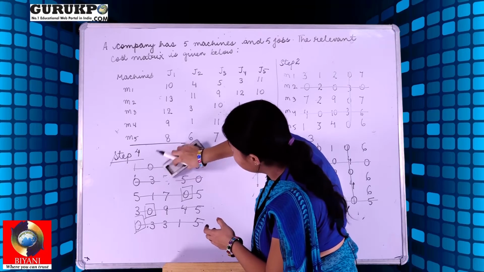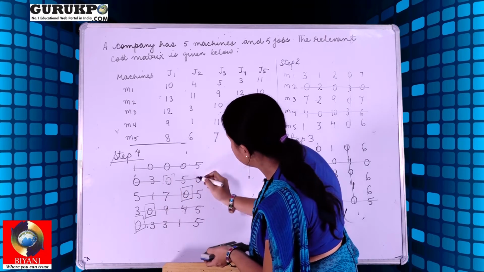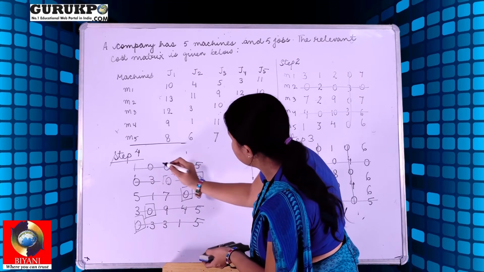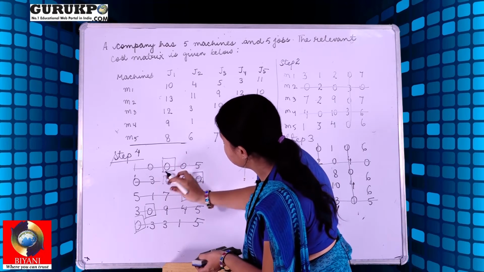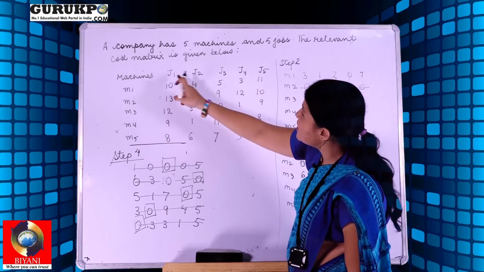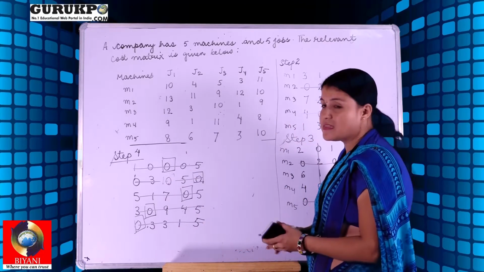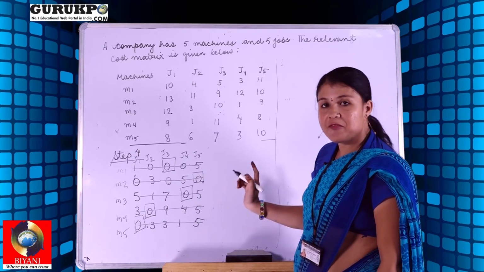As the points are clashing, we have already derived all the points from all the machines. So now we have derived our 5 points.